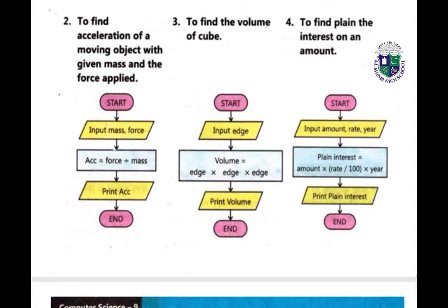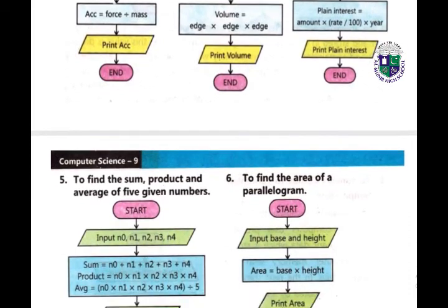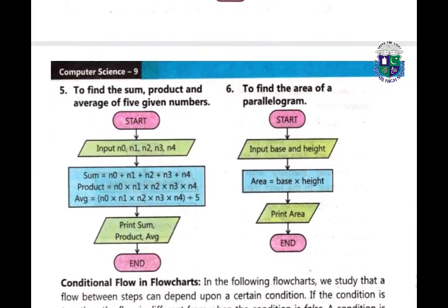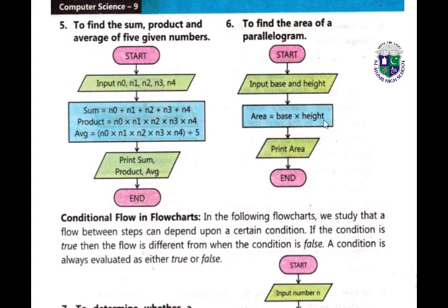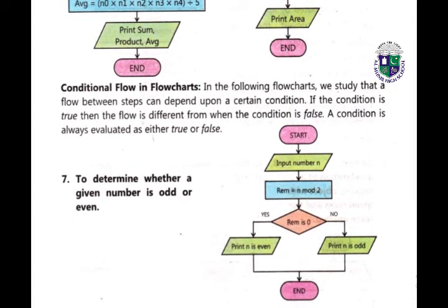So we use different symbols to show it. Three types of symbols are used in these flowcharts, and these are very simple flowcharts. Number 5, to find the sum, product and average of 5 given numbers. Number 6, to find the area of a parallelogram. So you must draw it in your journals and notebooks to practice.